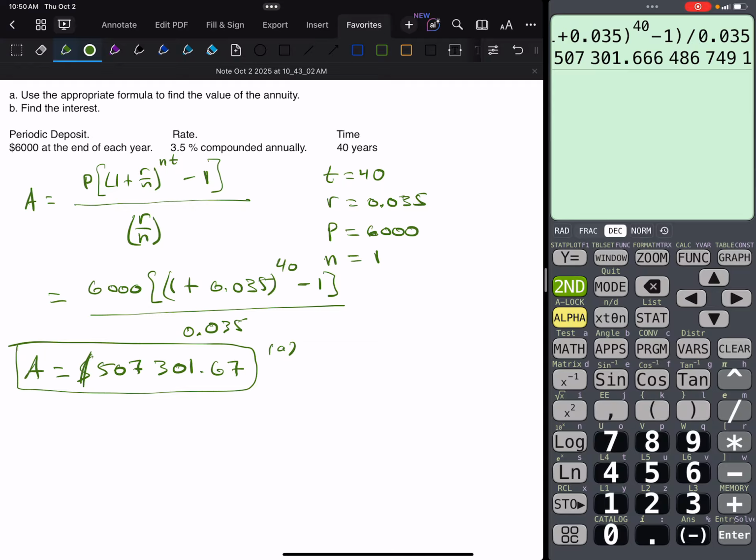So my investment was $6,000 per year, one time a year, times 40 years. Why would I care about my investment?